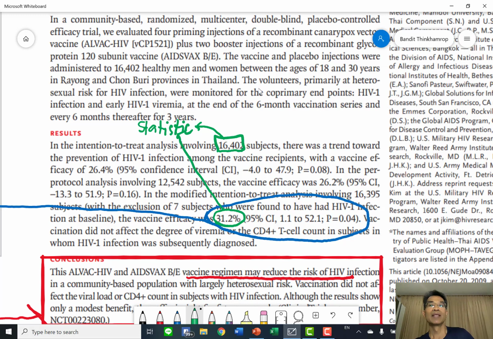Okay. And the second component is here. This is the first component, this is the second component. This is called statistical inference.